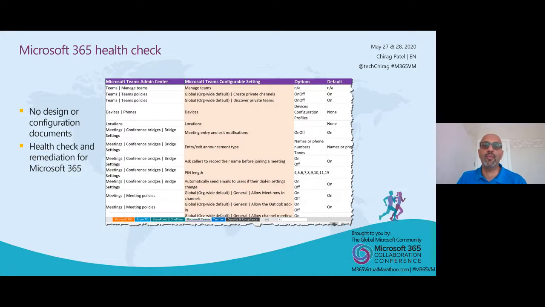This is something I use when I visit various clients to document their tenants, so that at least they have something to begin with to manage their configurations and documentation around Microsoft 365.